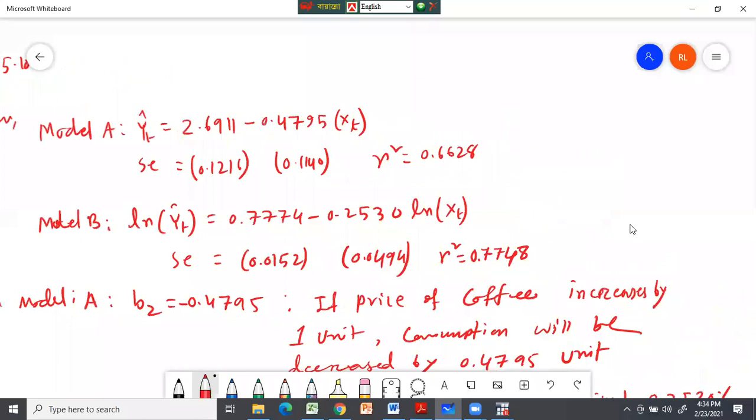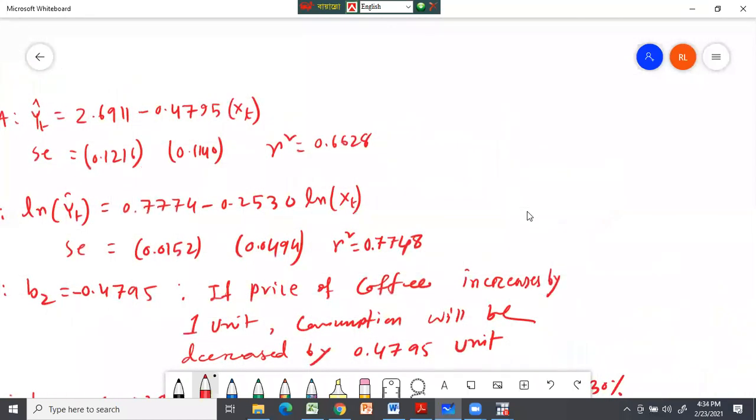If we take the t-test of this one, our null hypothesis, let H0 be beta 2 equal to 0, and H1 beta 2 not equal to 0. I have given a two-tail test here.